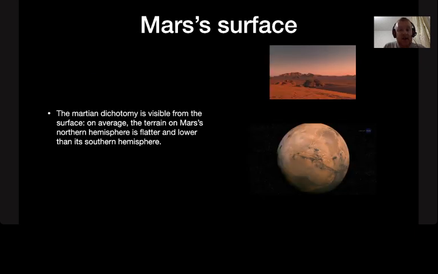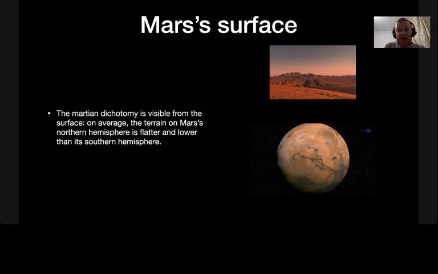Now Mars's surface. The Martian dichotomy is visible from the surface. On average, the terrain on Mars's northern hemisphere is flatter and lower than its southern hemisphere. So, apparently, Mars's surface in the northern hemisphere is basically flat.